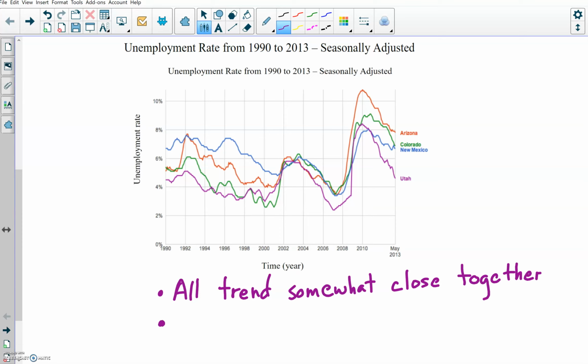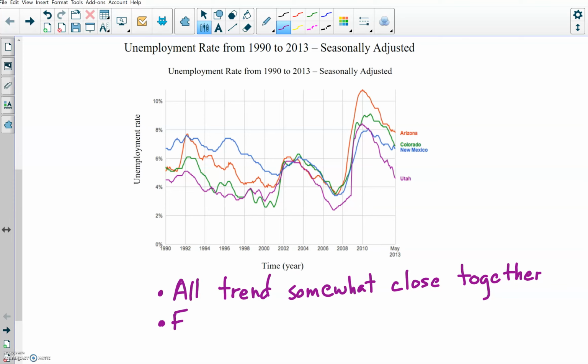All right. And the next one looks like from 1990 to almost 2002, like right here, New Mexico had the highest rate for the most part. There's a little spot maybe right here where Arizona came in, but New Mexico in those years seemed to be the leading unemployment rate state.